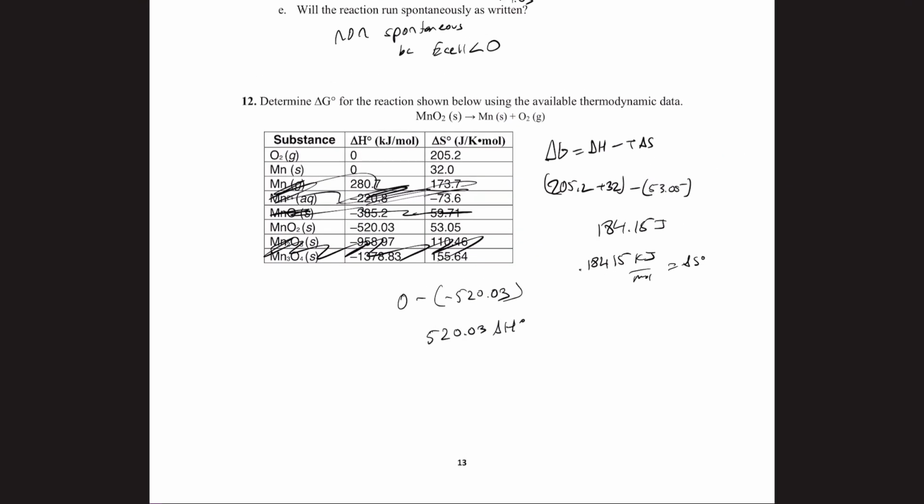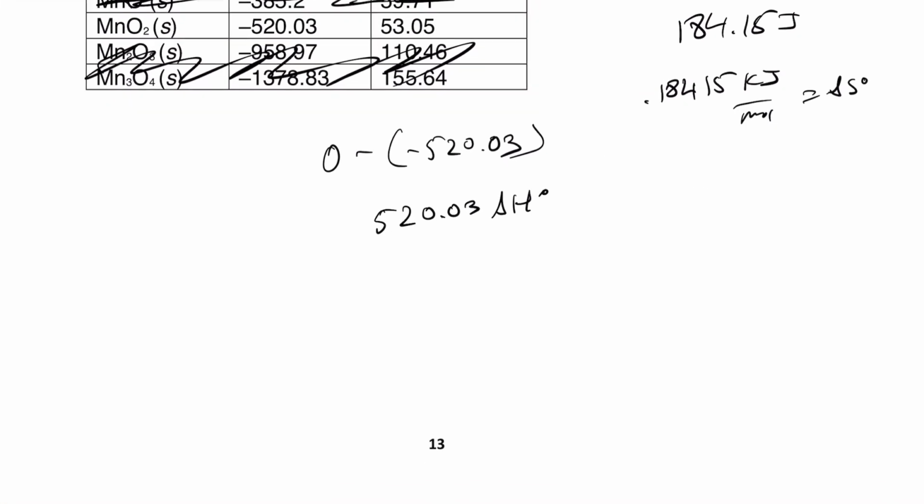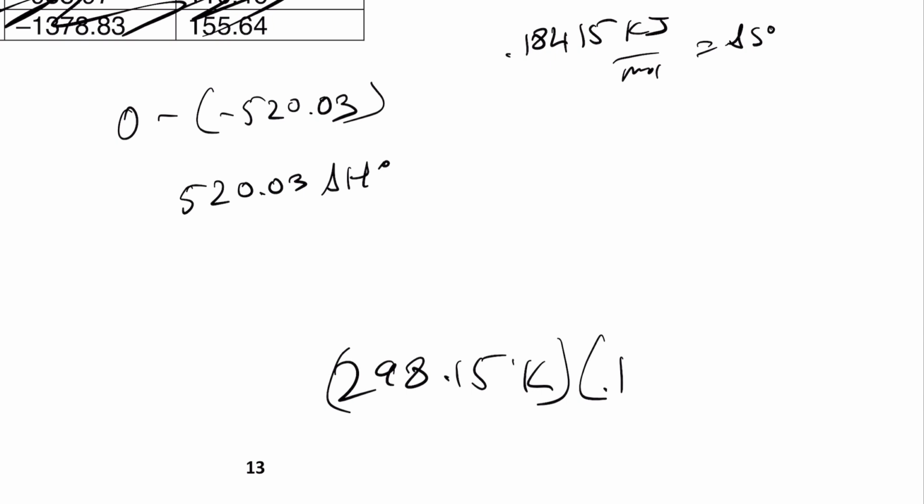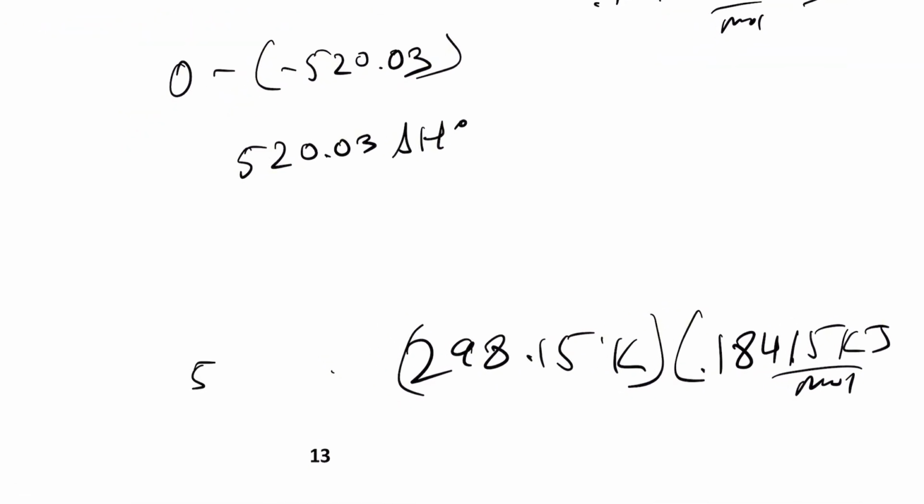You have it under standard conditions, so the temperature would be 25 degrees Celsius, or 298.15 Kelvin, times 184.15 kJ per mole. Delta H minus that, minus 520.03 equals delta G.